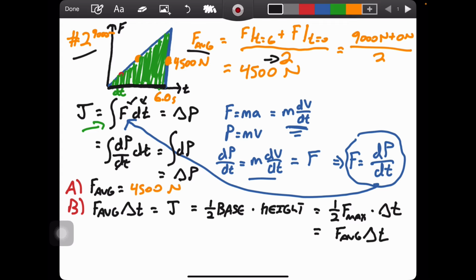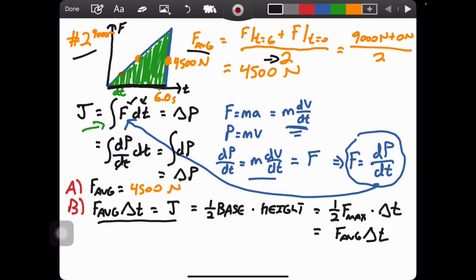So this would just be 4,500 newtons multiplied by 6 seconds. And that's why we can say impulse J for a force in which the force is increasing or decreasing at a constant rate, we can think of it as simply the average force multiplied by delta t. And I showed you, if you think of that force versus time curve in terms of calculus, you're thinking of the area under the curve.